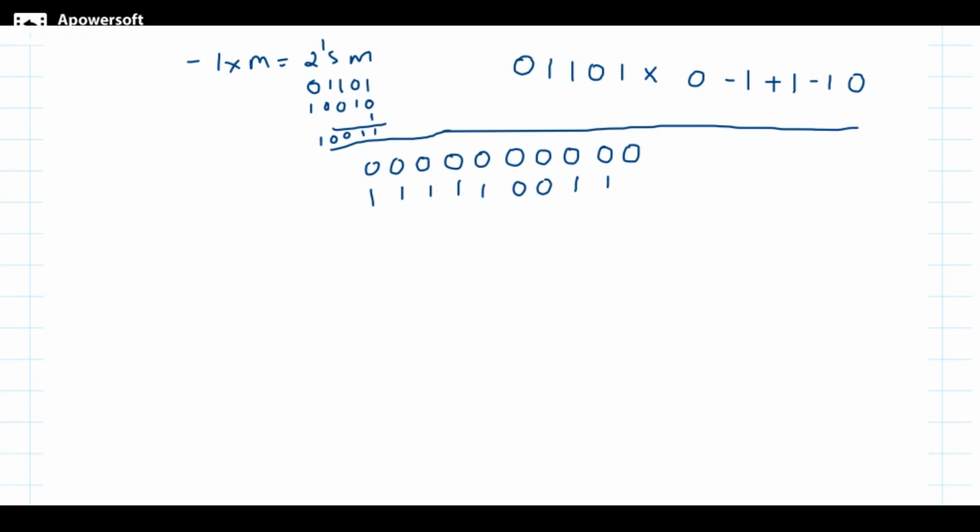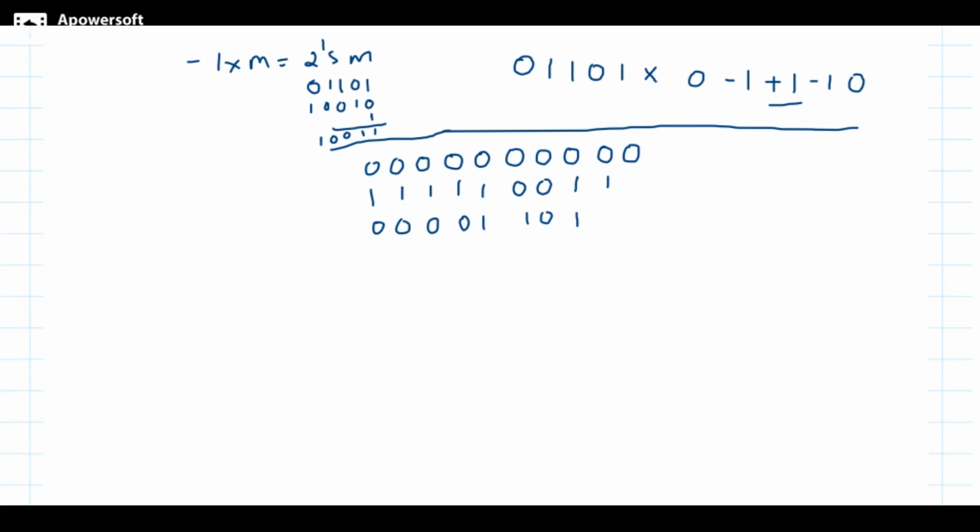So the next partial product, I have to consider plus 1 into m. So directly I can write m as it is, followed by once again minus 1 into m.